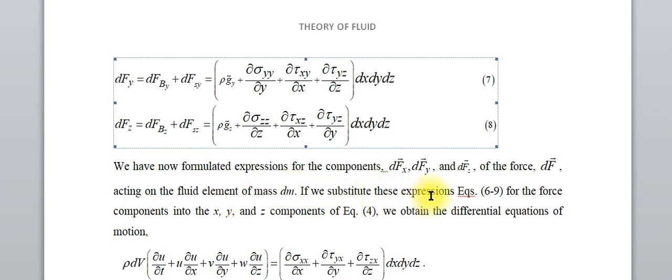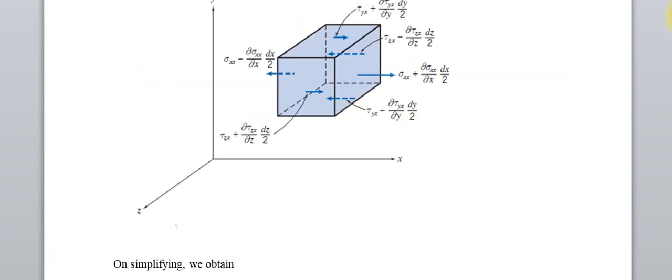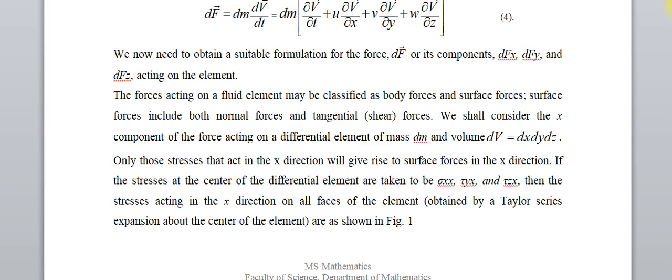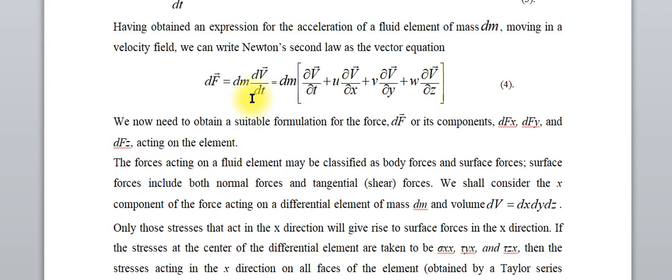If we substitute this expression in equations 6 to 9 for the force components into the x, y, and z components of equation 4, look at equation 4. Now we will change this into the component form.